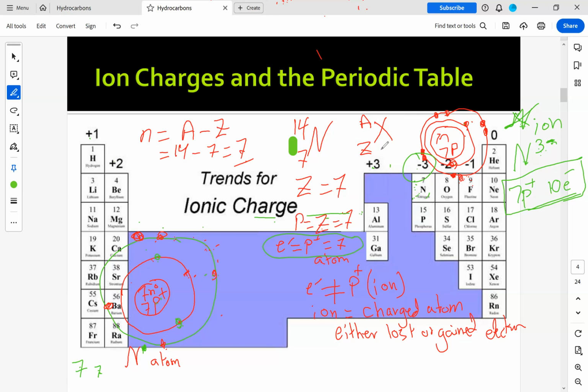If we are giving the names in English, we say 1, 2, 3, 4, 5. If we are giving the names in Roman numerals, we say 1A, 2A, and then we jump here, it's 3A.